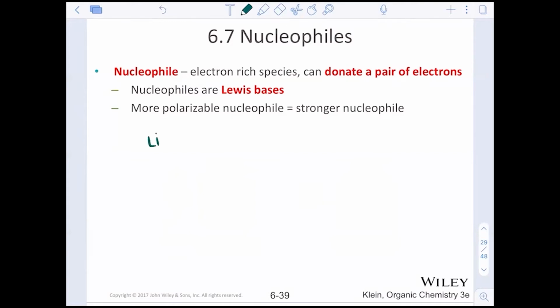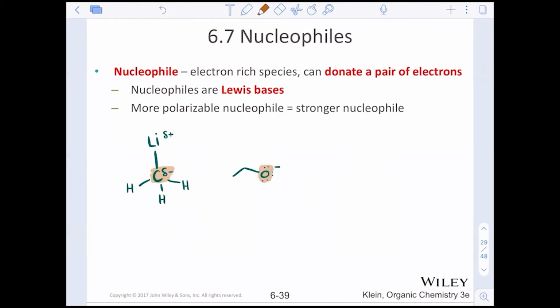That lithium to carbon molecule has carbon being the actual nucleophile. We can think about lone pairs and a negative charge.